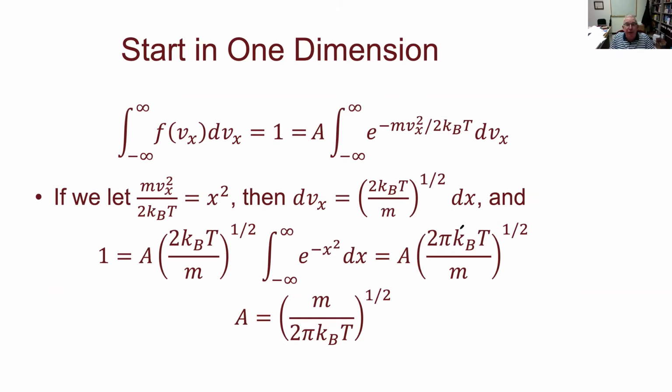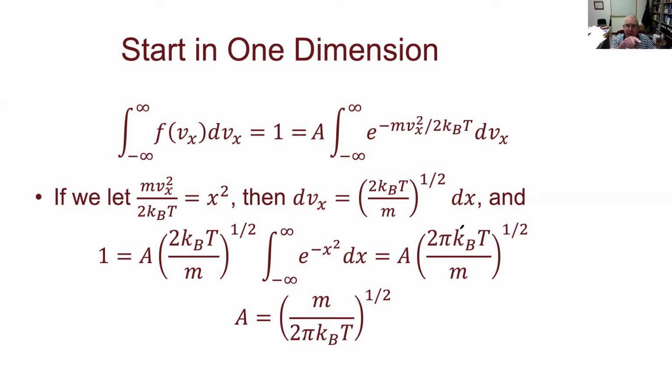All right, let's start to see how that's going to go. I know I just said I was going to integrate from 0 to infinity, and right as I said that, I realized that was wrong, because the first thing I want to do is to take this and think about it as one-dimensional, okay? So I'm going to take the distribution of speeds in one dimension, and that says that I could have a positive or negative speed.